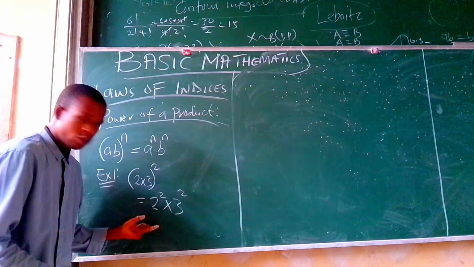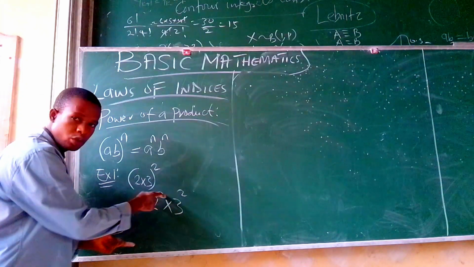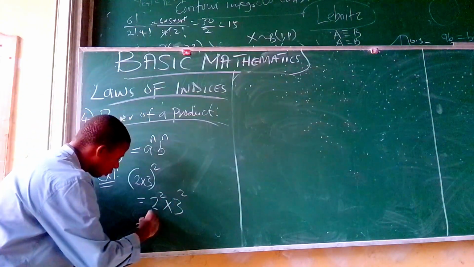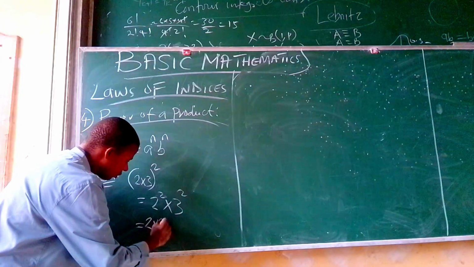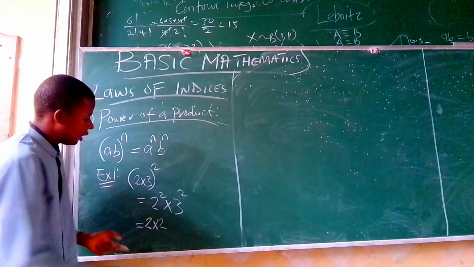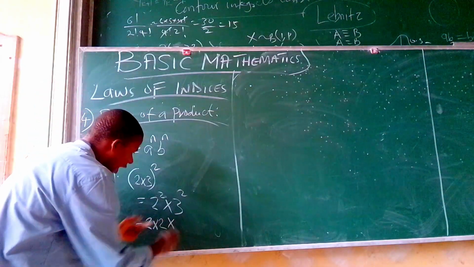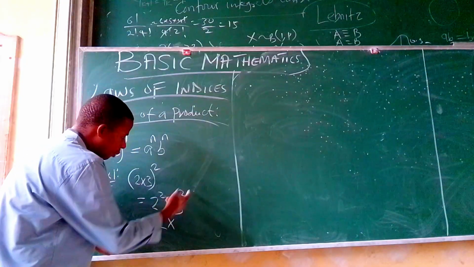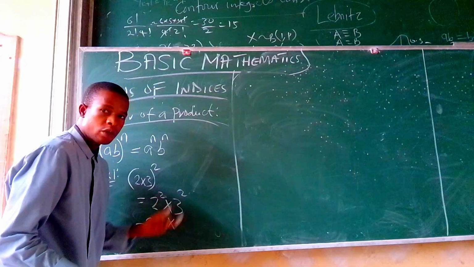Now by expression, we're going to have 2 raised to the power of 2, which is the same thing as 2 multiplied by itself 2 times. This is 2 times 2, right? Then times this here. 3 raised to the power of 2 is telling us that 3 is multiplied by itself 2 times.